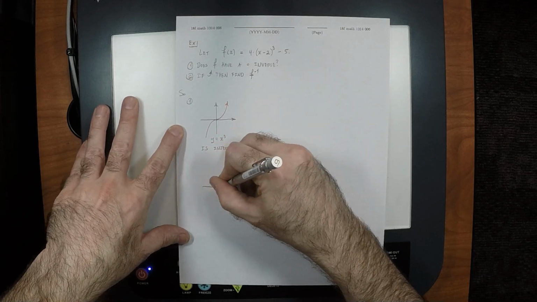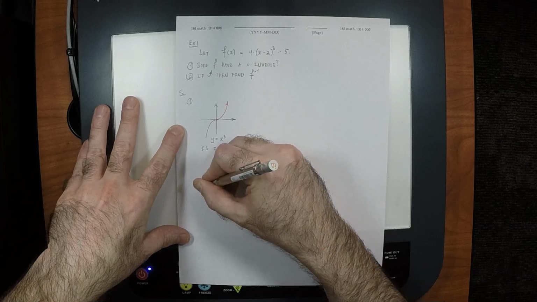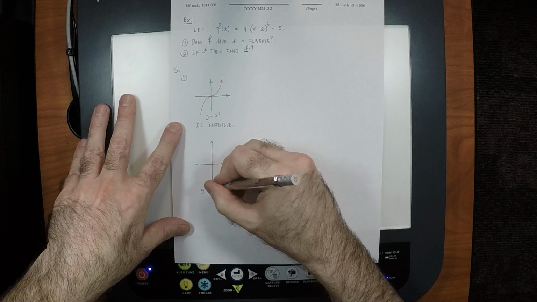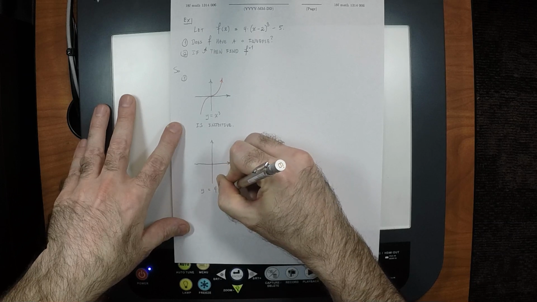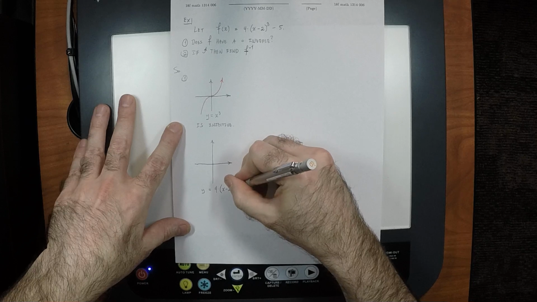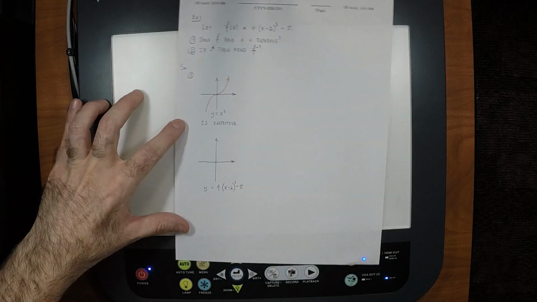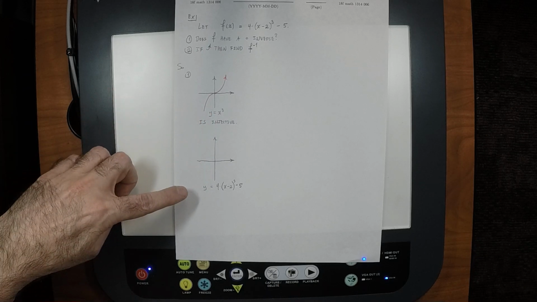So here's another plot. And I'll write down f's formula. It would be 4 multiply x minus 2, cube that, subtract 5. Okay, so now we need to figure out what happens when you turn this one into that one.